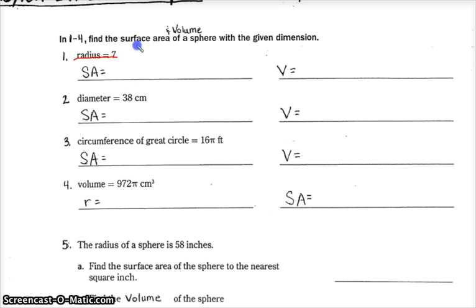Since the surface area, we remember, is 4 pi times the radius squared, I can write down 4 pi, and then I'm going to square 7. When I multiply 4 and 7 squared, I get 196 pi. I want to leave my answers in terms of pi.